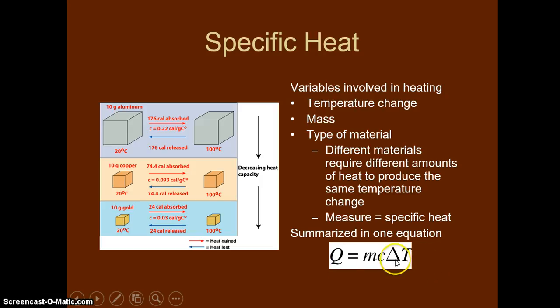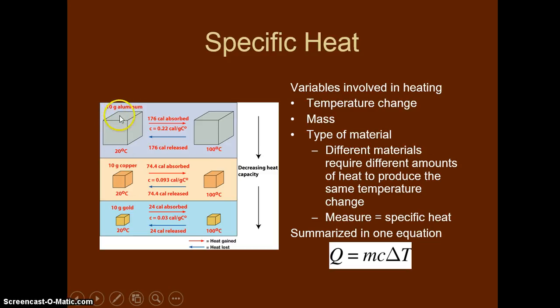So this equation basically describes the observation that it takes different amounts of heat to change the temperature of, for example, this, going from 20 degrees Celsius to 100 degrees Celsius, and we have the same mass, right?